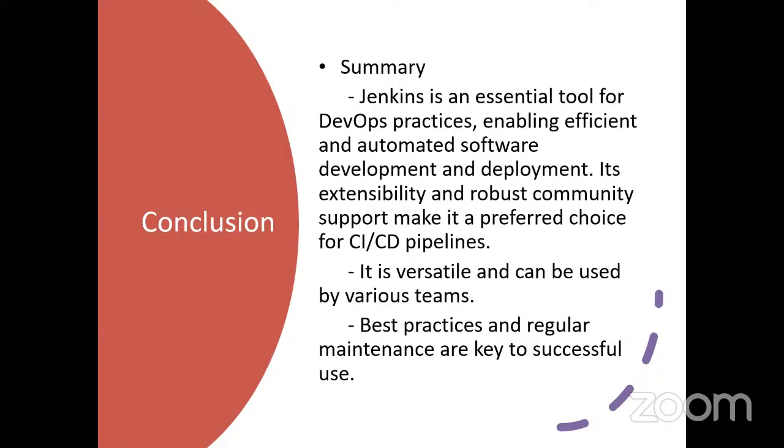There are lots of tools available for this CI/CD process, but Jenkins is the best one. Why? Because it is open source. Some companies are taking a charge, and some companies are providing these CI/CD tools. As I gave the example of Bamboo, but there is no stability there. But Jenkins is a stable one.